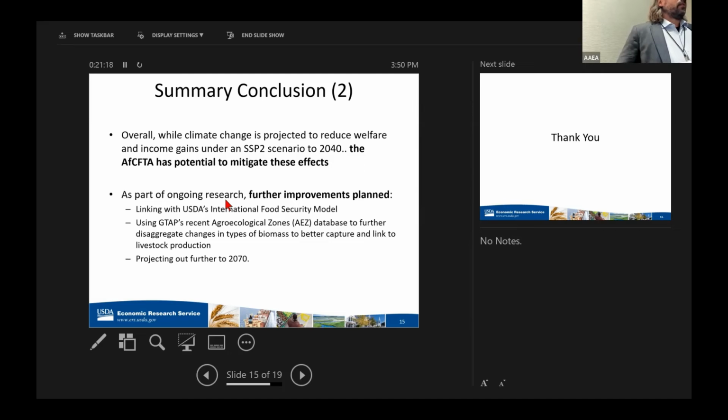So we have Nigeria, we have the entire ECOWAS as a single region. I believe North Africa is a single region. GTAP is much more detailed in that regard. So I think these models complement each other a lot, which is another good reason to try to run parallel scenarios, perhaps.